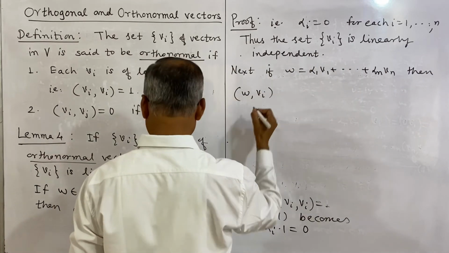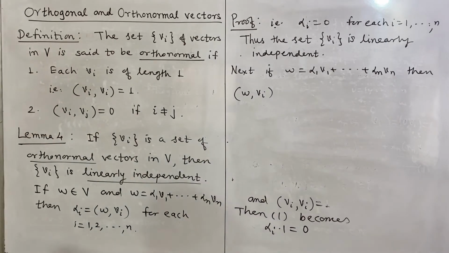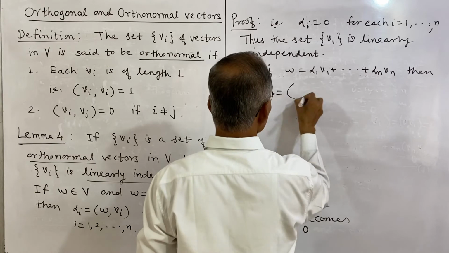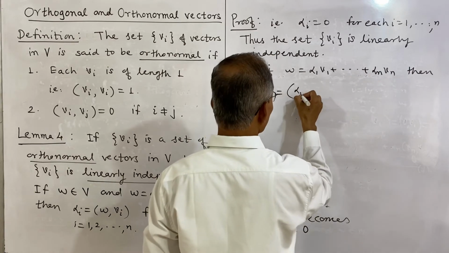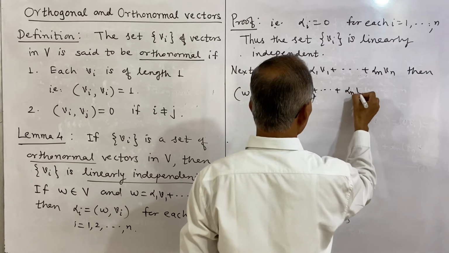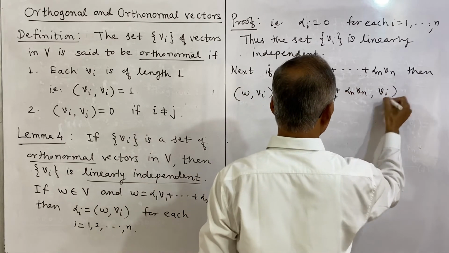The inner product of w with vi is equal to, the same as earlier, alpha 1 v1 plus so on up to alpha n vn, and the inner product with vi.